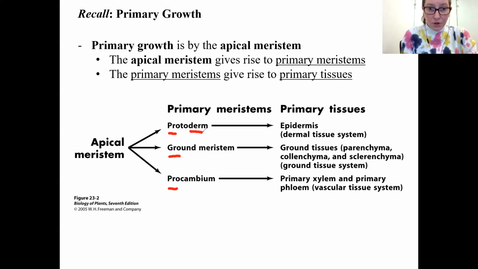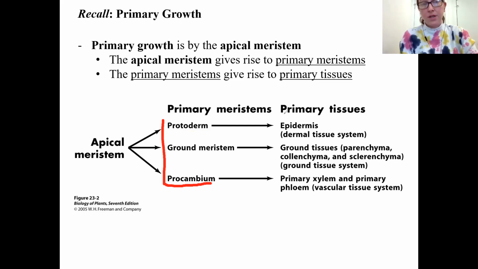For example, derm, we've seen in epidermis, and ground meristem may remind us of ground tissues. This last one, procambium, is newer for us. Each of those primary meristems is going to produce different primary tissues in the plant.